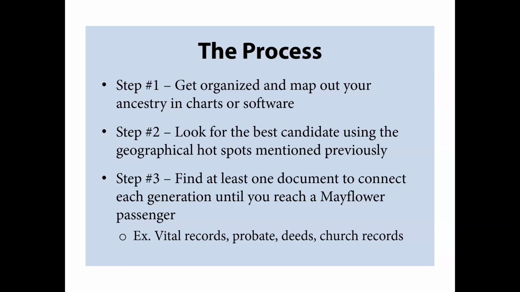And then you want to make sure that you are connecting each generation with at least one type of document. You want to use primary documentation as much as possible. I would not rely on published genealogies without sources, or county histories or mug books, because there are usually no sources cited. So you want to use vital records, your birth, marriage, and death records.